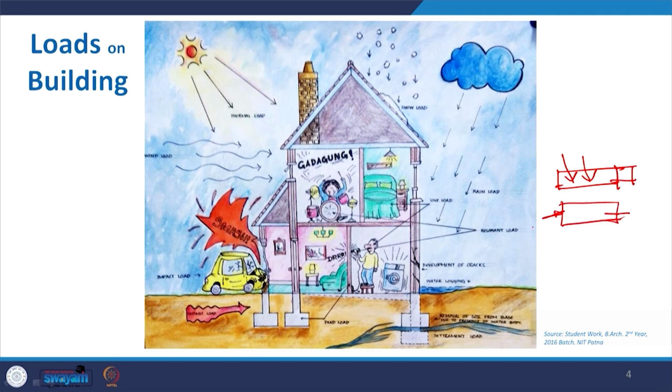That is creating some thermal load, and it is very important. That is why, when a building is too lengthy, we need to give an expansion gap to allow that expansion.